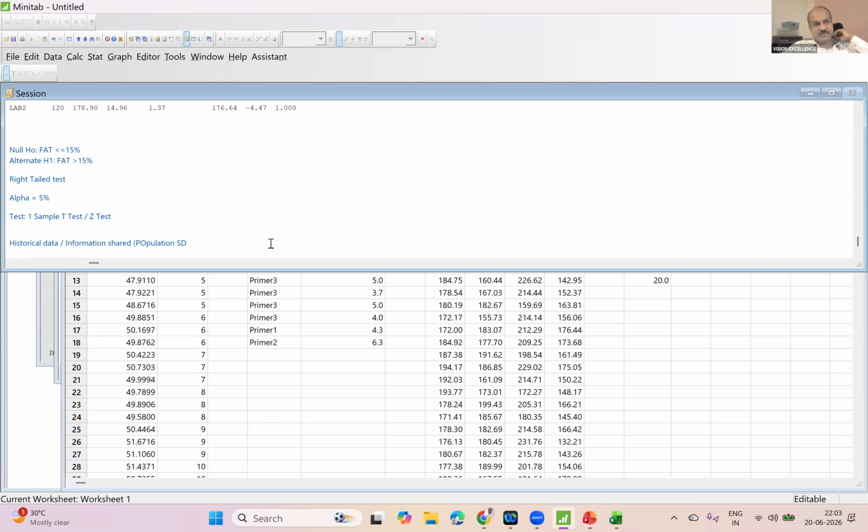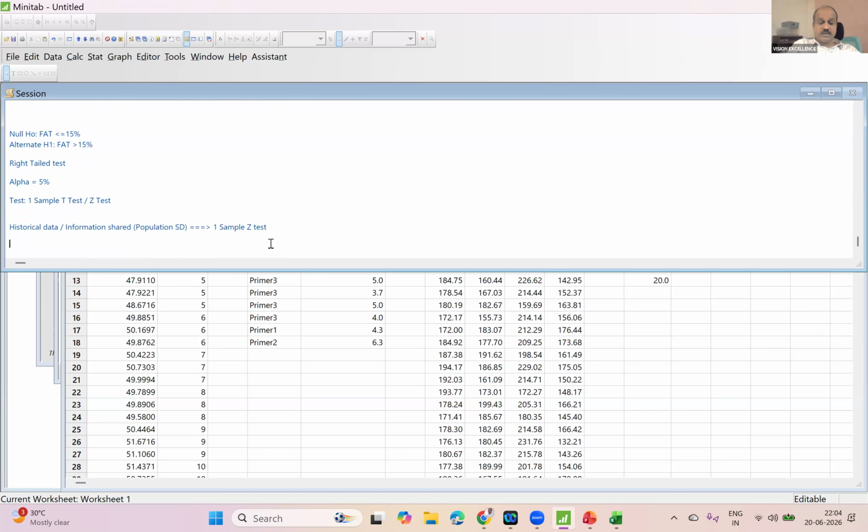Population standard deviation. So if the population standard deviation is known, are you with me, all of you? If this is the fact, that's the time you can go for one sample Z test.